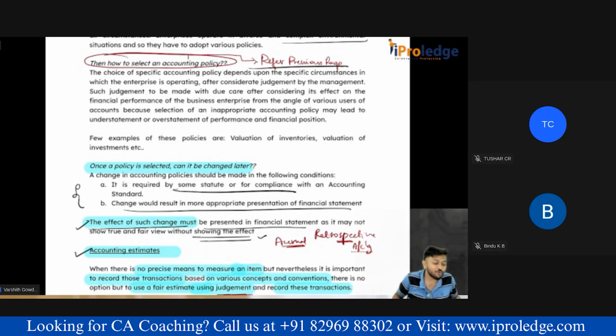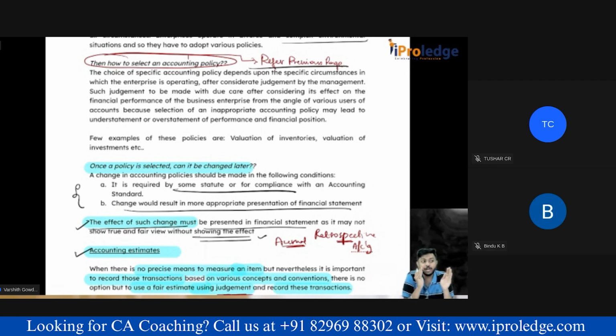Now what the accounting standard says is that depreciation should reflect the pattern of economic benefit that you are receiving from the asset. If you buy a machinery, do you think it will perform the same every year? No. Initially it will perform better. In the end, it will perform weak. The performance will be very less. Don't you think even the expenses should be more in the initial years?